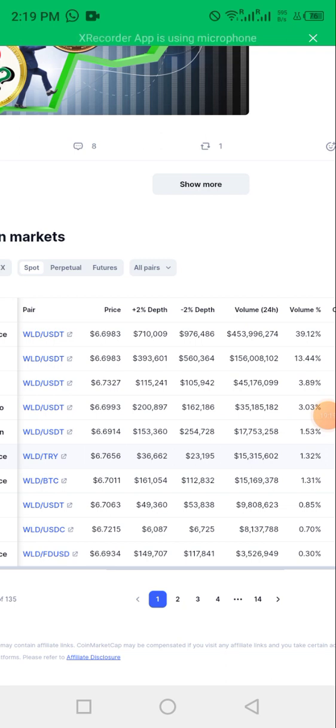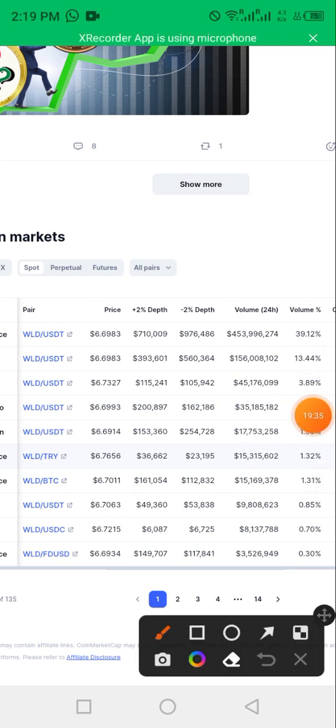So that lets us know that Wild has a high volume. So it's one of the cryptos that within a short time can give us high profit. So now what are we checking? We are checking the depth. We are checking the +2% depth and the -2% depth.